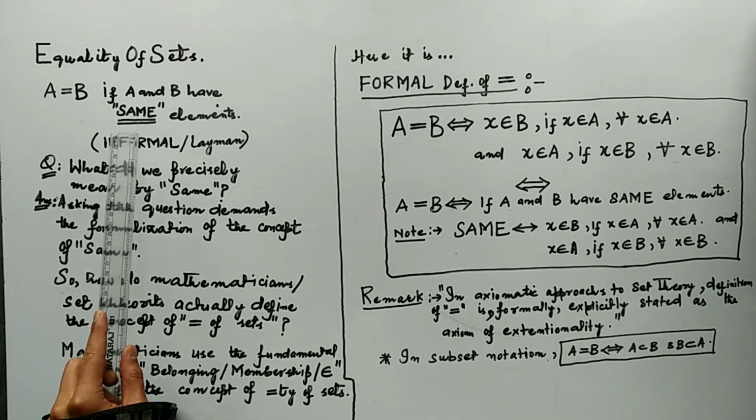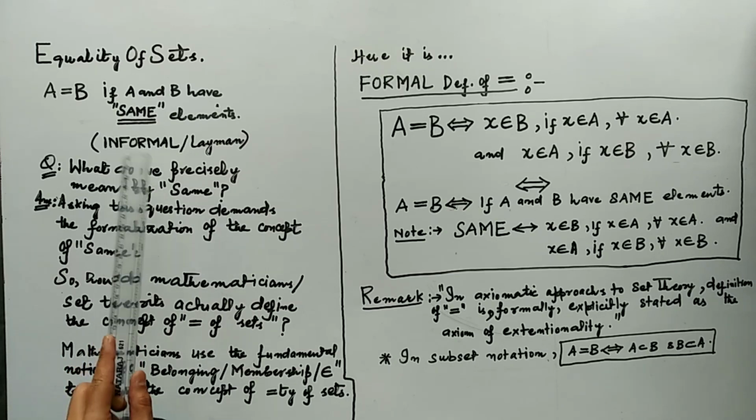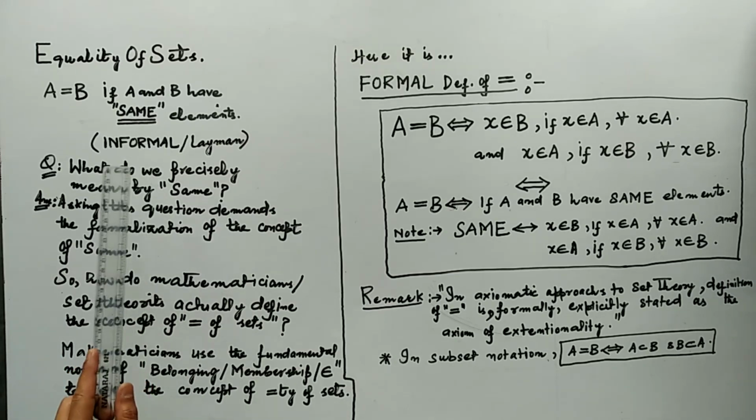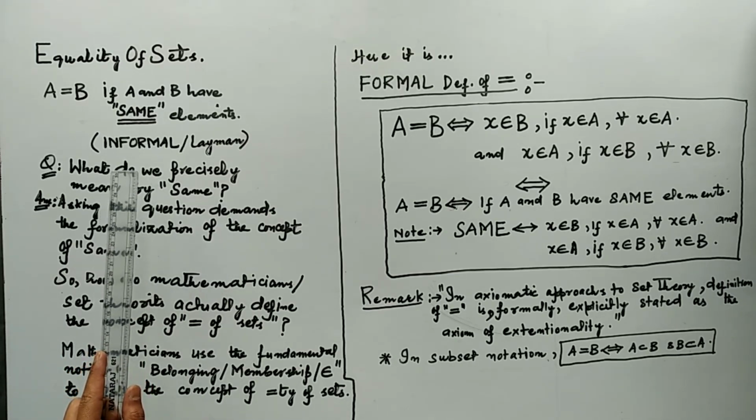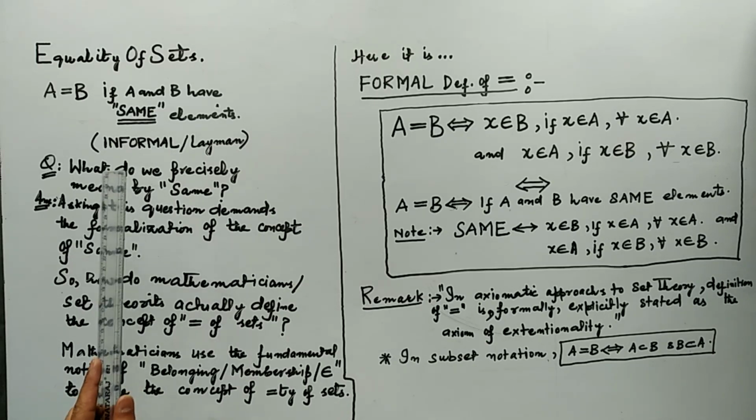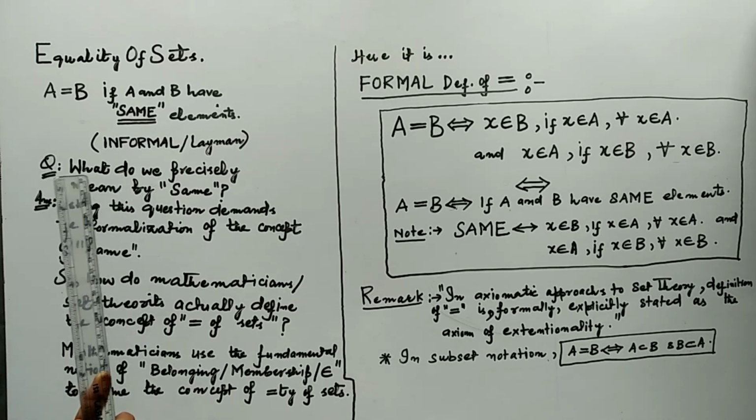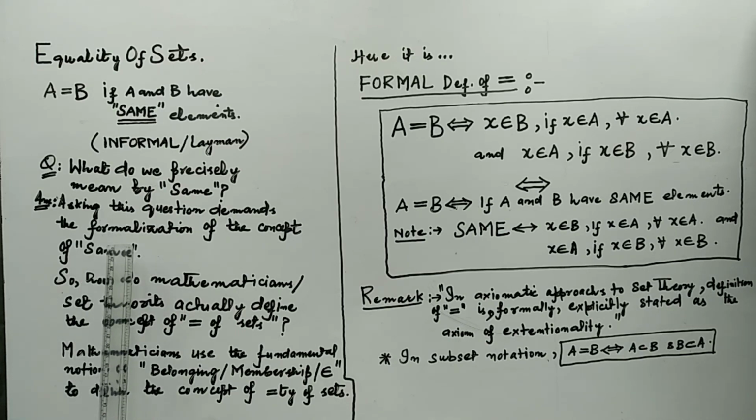So, how can we make this word same more precise? Is it a brand new concept in set theory, the concept of same, or is it just a shorthand notation to denote something which we already know? Once we ask this question, it means that we are trying to formalize the concept of same.